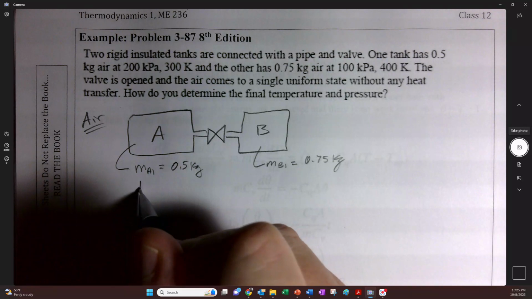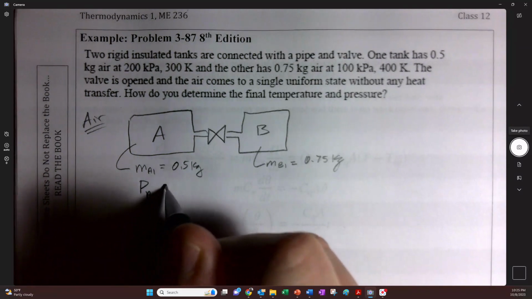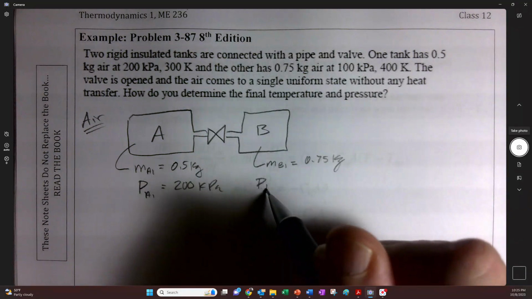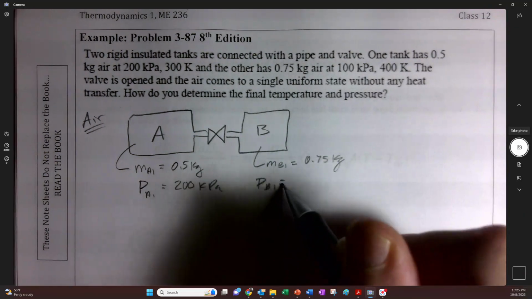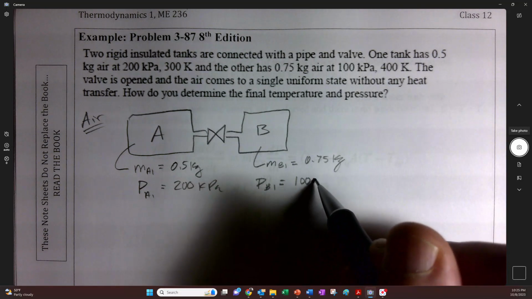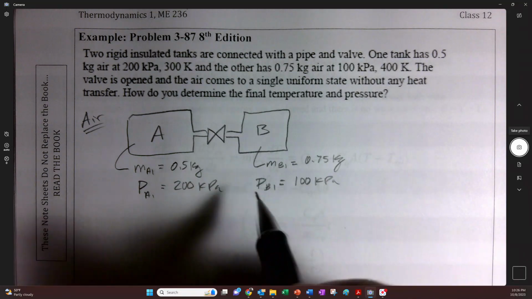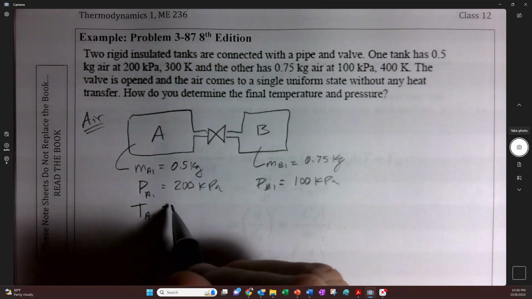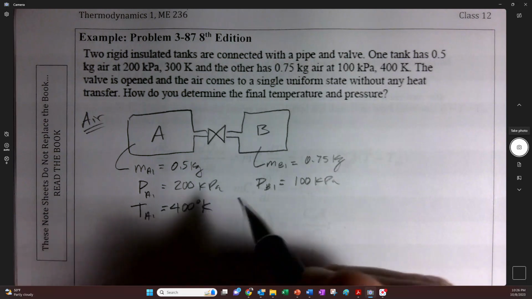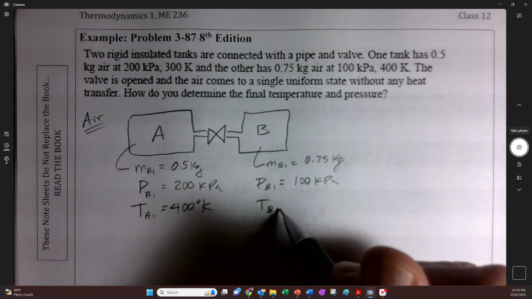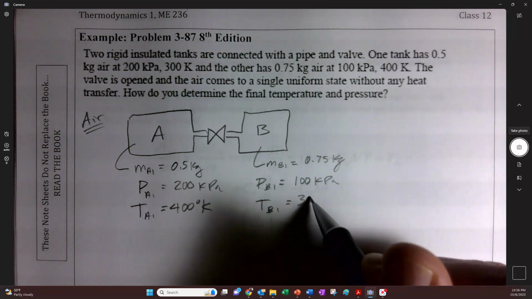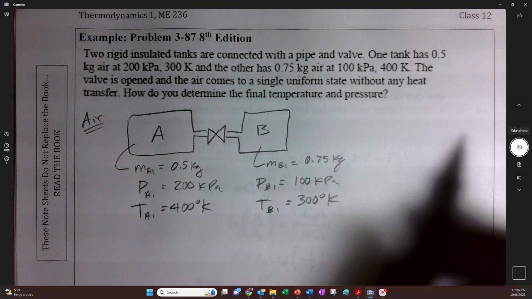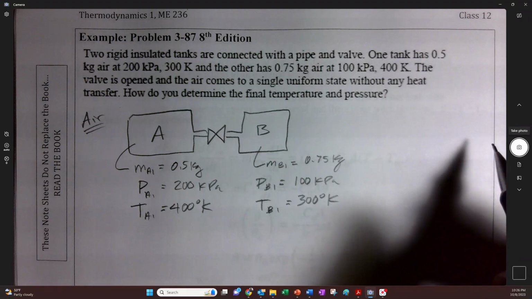The pressure at A is 200 kPa, and the pressure at B is 100 kPa, so pretty much atmospheric, and this is 2 times atmospheric pressure. TA1 is 400 degrees Kelvin, and TB1 is 300 degrees Kelvin. Other things I'm probably going to need to know, let's just go as we go along.